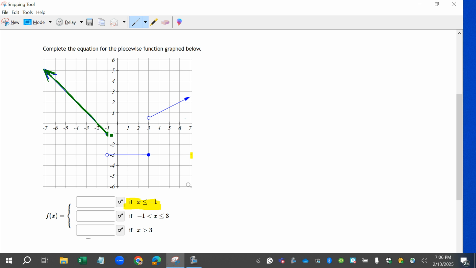Now if I want to know what the equation of this is, the easiest way for me to find the equation of a line from a graph is usually y equals mx plus b, right? Y equals mx plus b. And in this case, we could replace the y part with f of x notation.